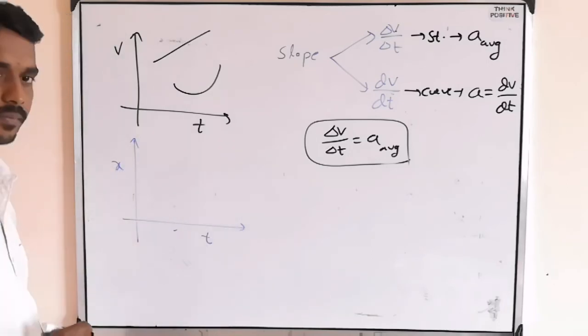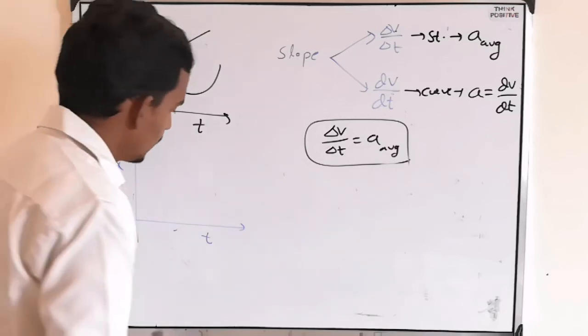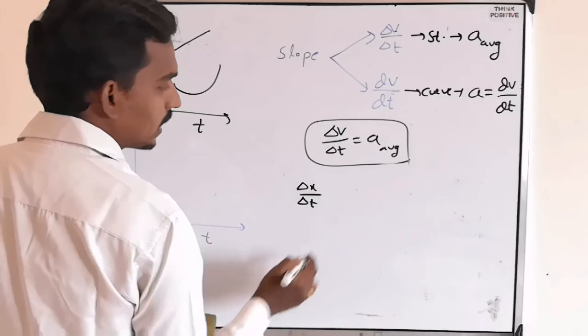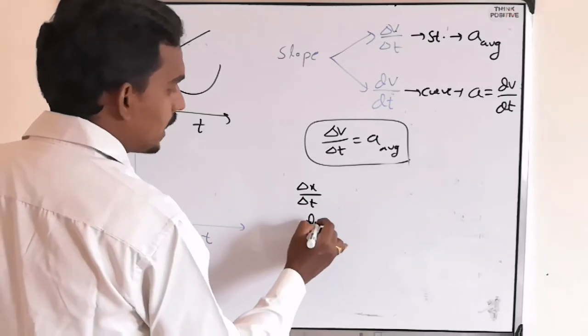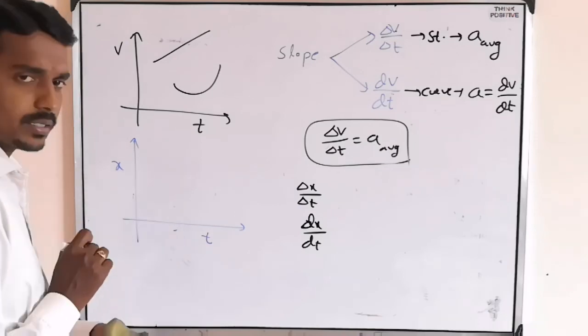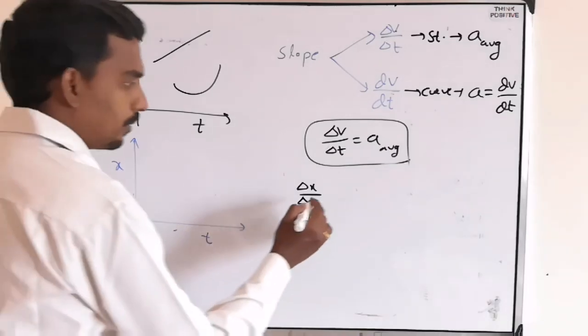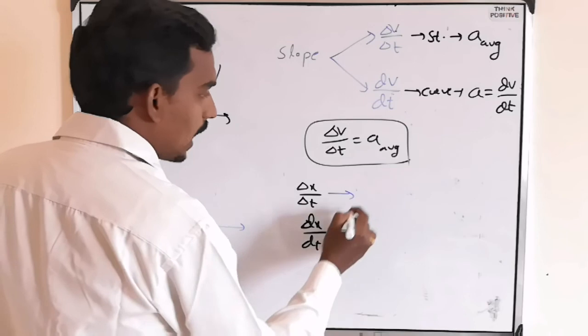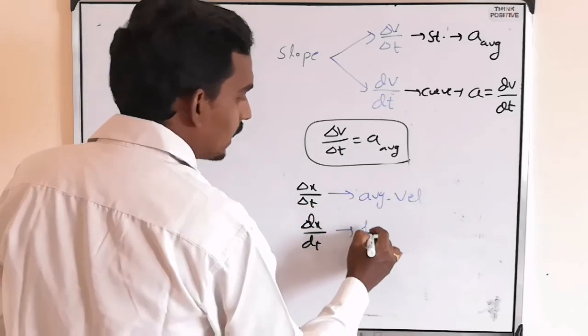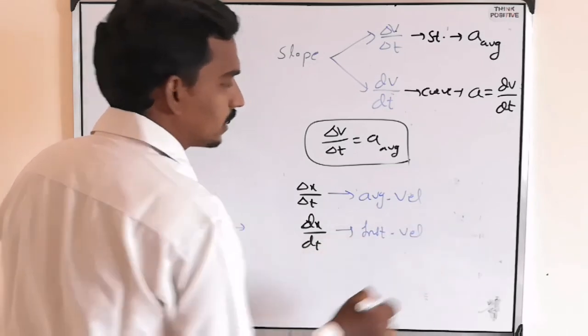Displacement versus time. Then slope is either delta x by delta t or dx by dt. So from displacement versus time graph, if you find the slope, either you will get average velocity or you will get instantaneous velocity.